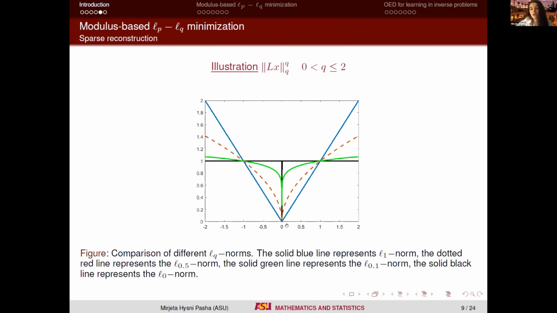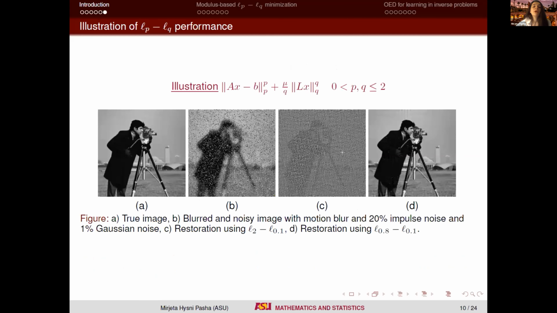One can use the best convex approximation by choosing Q equal to 1, but as we see from this graph, if we choose those lines closer to 0, then the approximation is going to be better. But of course, this introduces other difficulties in the problem.